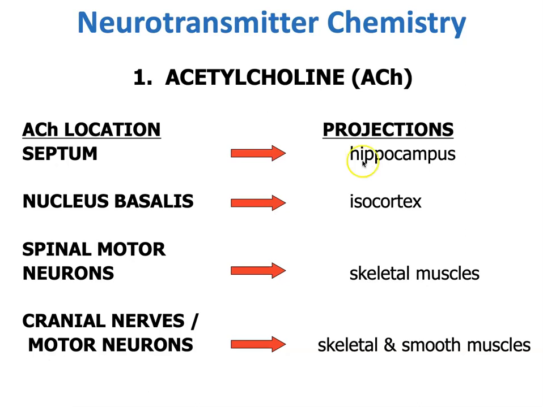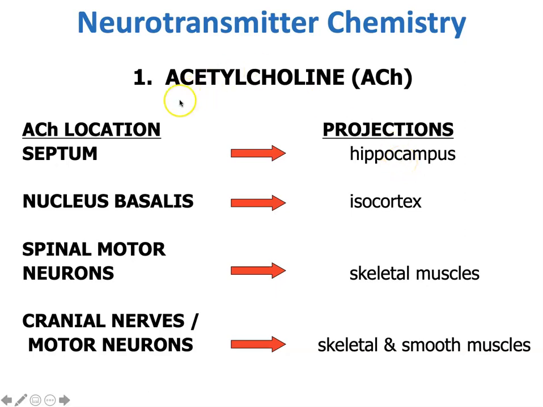We know, from some of the studies that have been done, that in Alzheimer's patients where there's pretty far progression of the disease, these acetylcholine synapses are severely affected in those brain regions of the hippocampus.